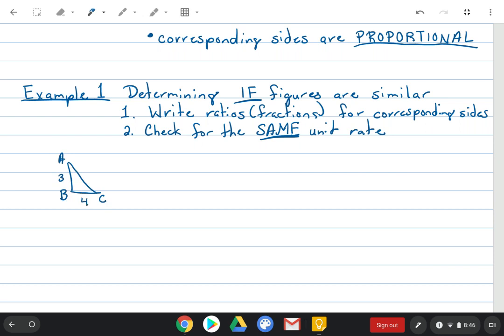I'm going to put 5 there. And then here is my next triangle. And then I'm going to put side lengths of 9, 12, 15, and that's triangle DEF.